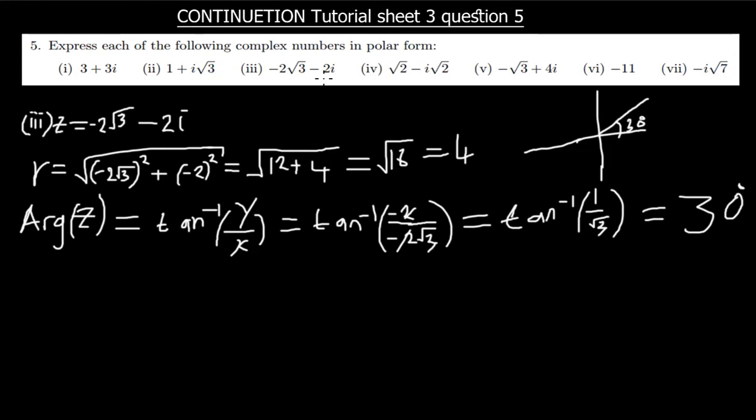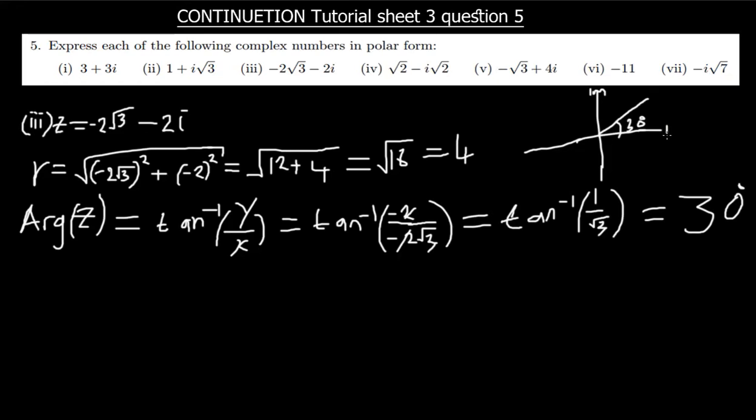When you try to plot this complex number on the Argand diagram, this is the imaginary axis and this is the real axis.